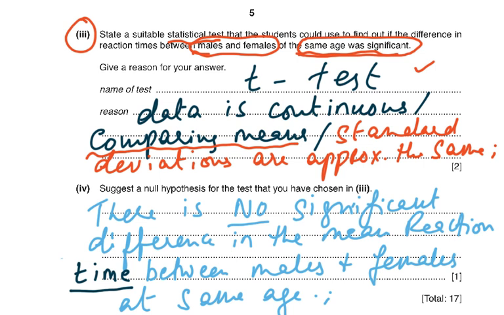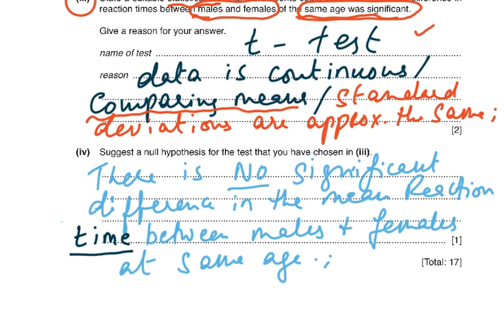So, the null hypothesis would be to negate it and say that there is no, and this is why I've underlined the no part, there is no significant difference in the mean reaction time between males and females at the same age. And the word time was underlined because the word time had to be used. So that finishes this first question.